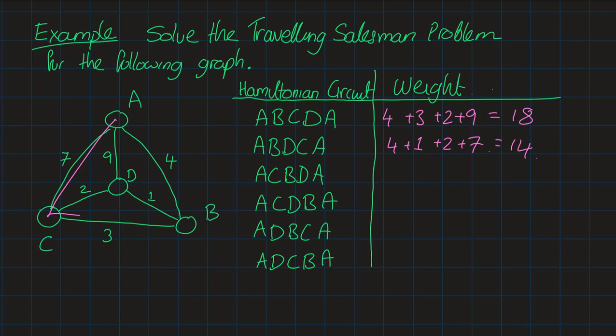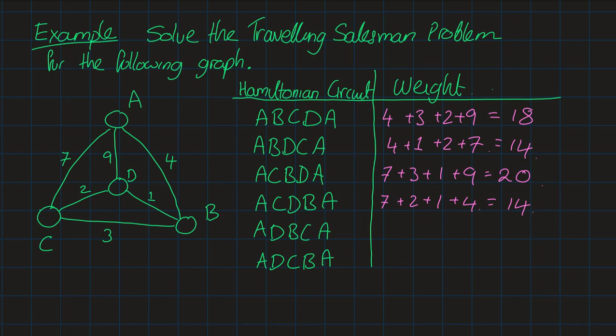Next up is A, C, B, D, A. So this one here is going to be 7 plus 3 plus 1 plus 9, which is 20. Now A, C, D, B, A. This one here is going to be 7 plus 2 plus 1 plus 4, which is 14.